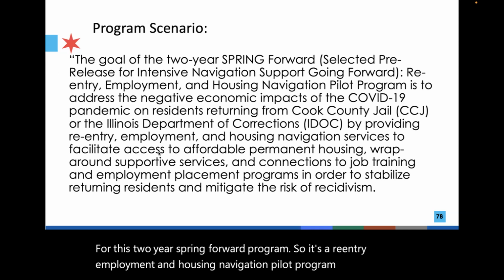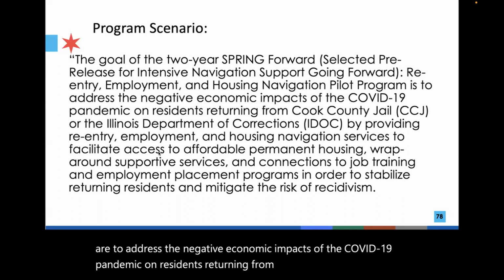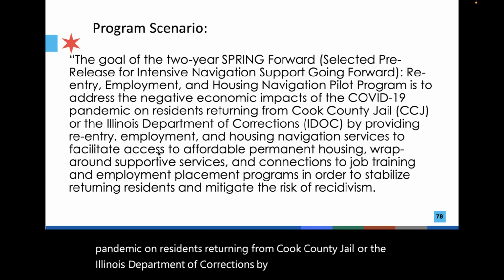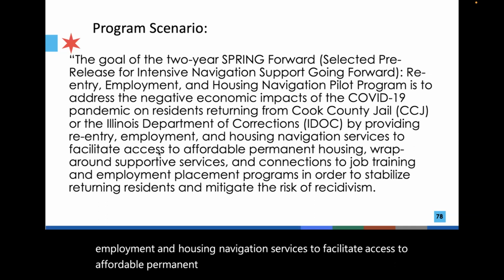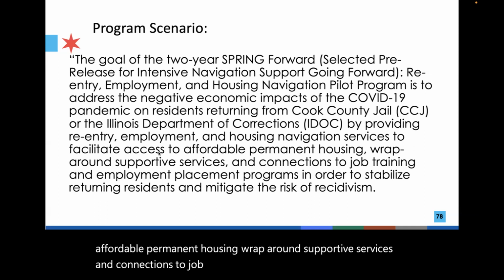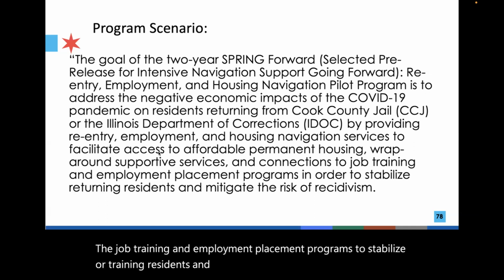Its goals are to address the negative economic impacts of the COVID-19 pandemic on residents returning from Cook County Jail or the Illinois Department of Corrections by providing reentry, employment, and housing navigation services to facilitate access to affordable permanent housing, wraparound supportive services, and connections to job training and employment placement programs to stabilize returning residents and mitigate the risk of recidivism.